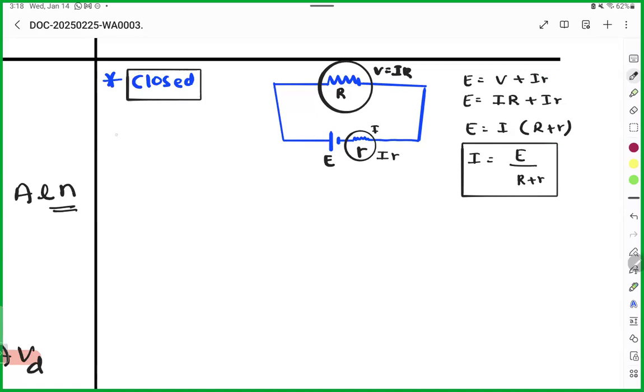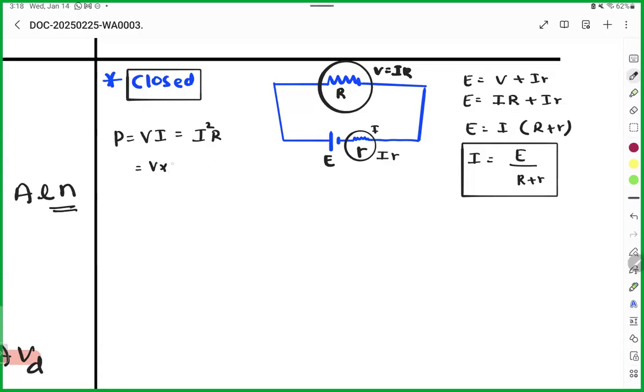If you want to calculate in the form of power, power is equal to V into I. It depends which form you want to use. If you are using I and R, so V is equal to IR and I is multiplied. If you want to convert into V and R, so you know V remains same.